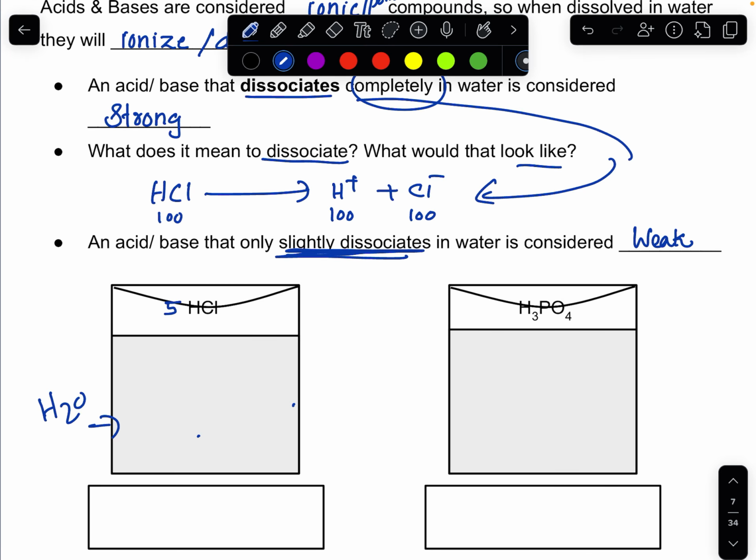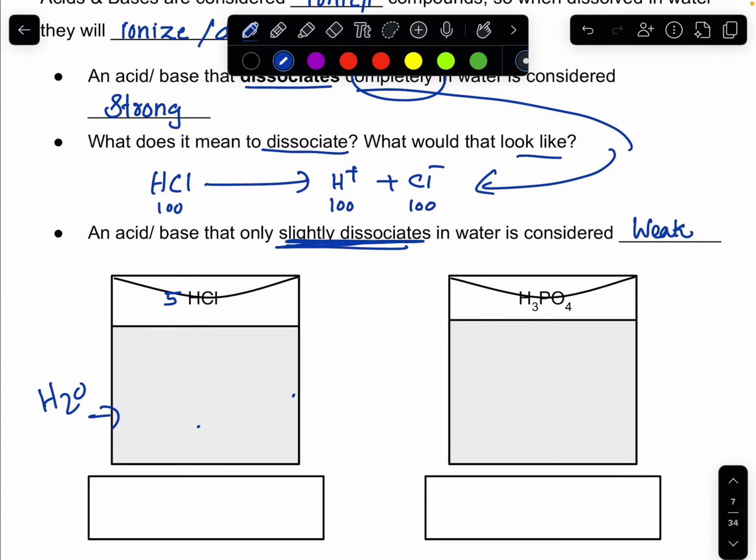If I have 5 molecules of hydrogen chloride, how many hydrogen total? 5. There will actually be hydronium ions, but I'm going to draw hydrogen ions. There will be 5 hydrogen ions, 5 Cl minus ions. That means all the molecules are completely ionized.